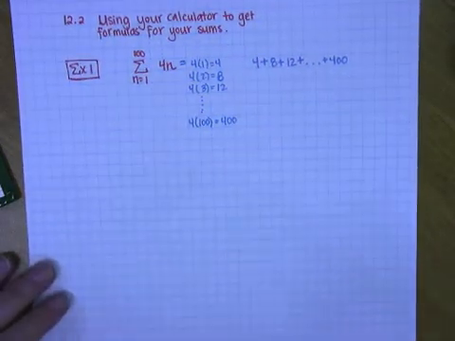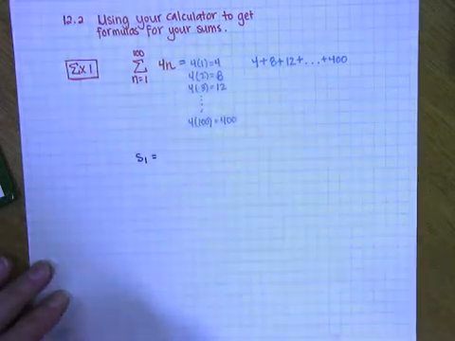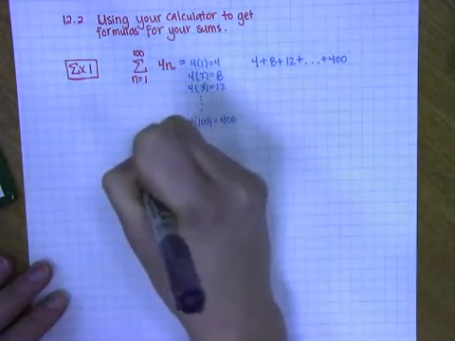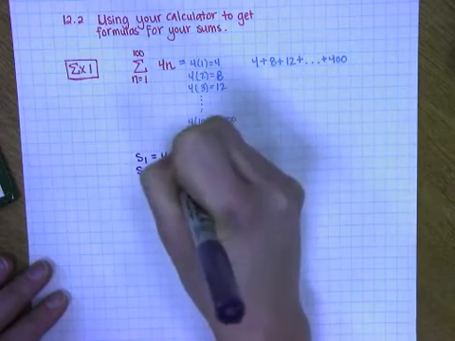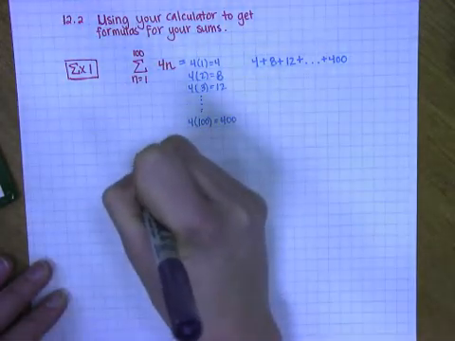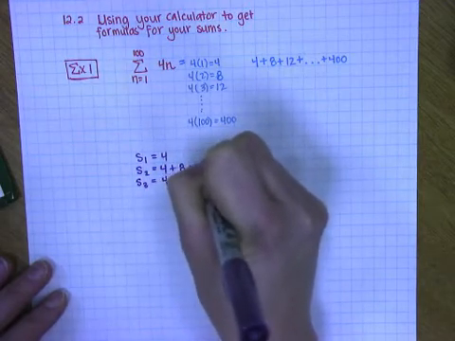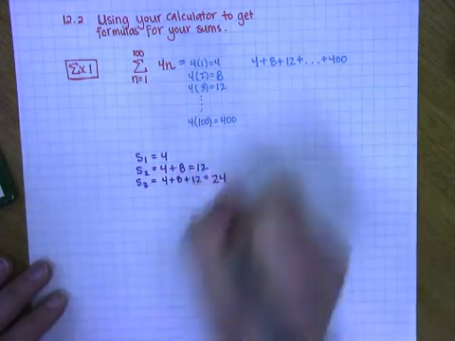So some shorthand here. If I wanted to know the sum of the first term, it would be 4. And if I wanted to know the sum of the second term, that would be 4 plus 8, which would be 12. And if I want to know the sum of the third term, that would be 4 plus 8 plus 12, which would be, 12 plus 12 is 24.